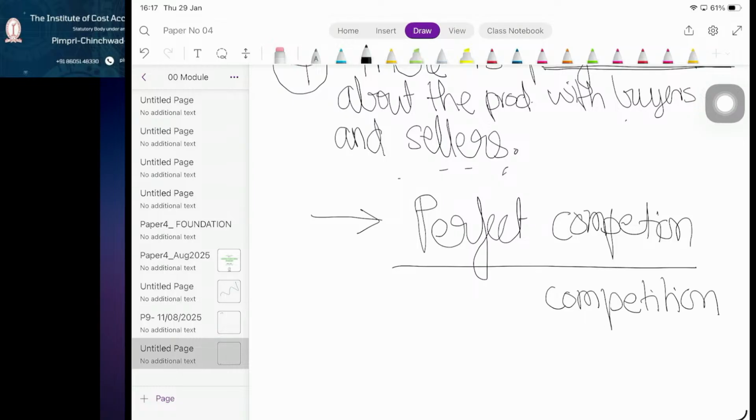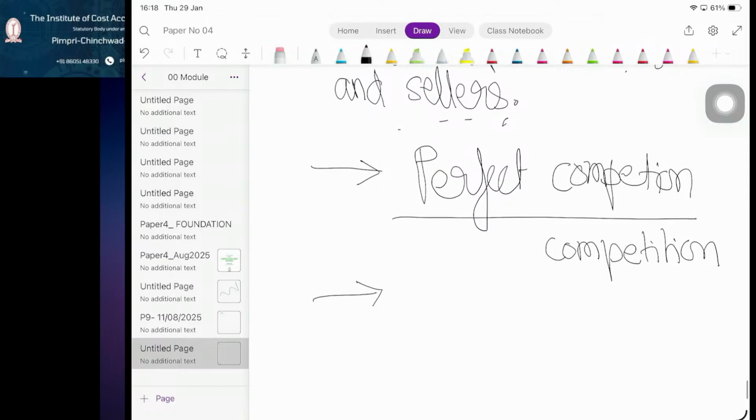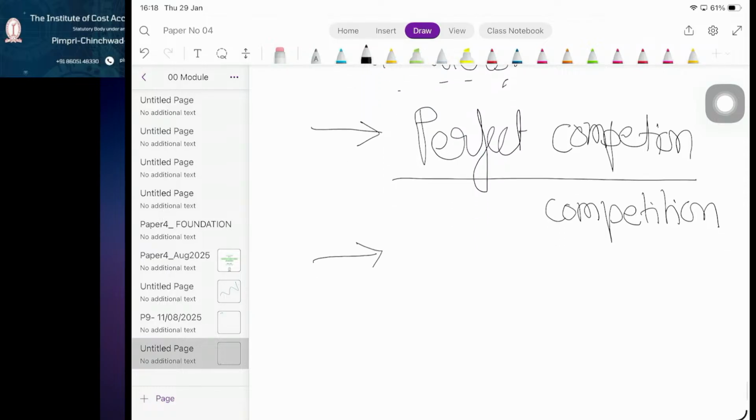Did you understand what perfect competition is? Large number of buyers and sellers. Can you all write that? Rewrite from memory what are the four conditions for perfect competition?